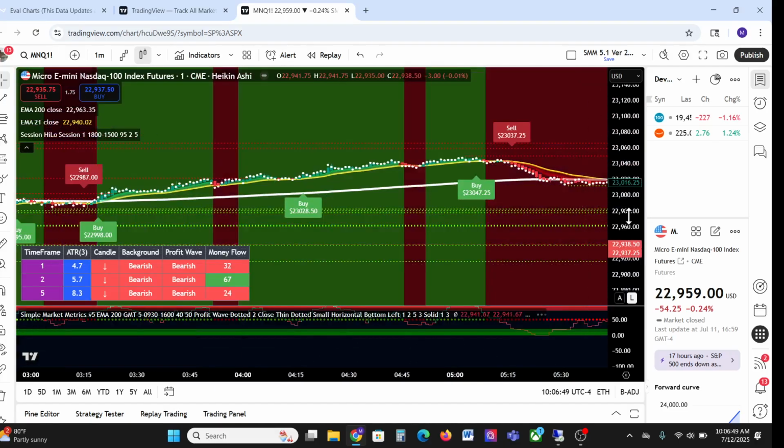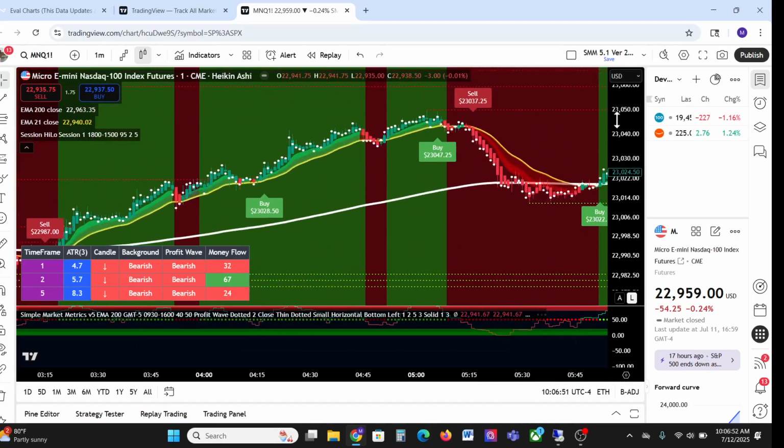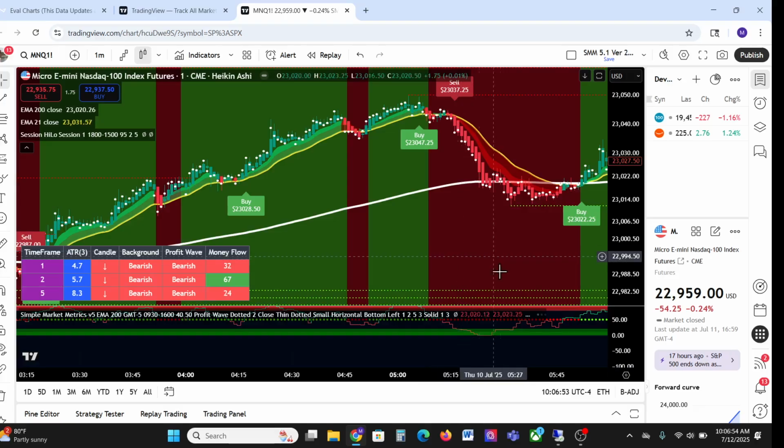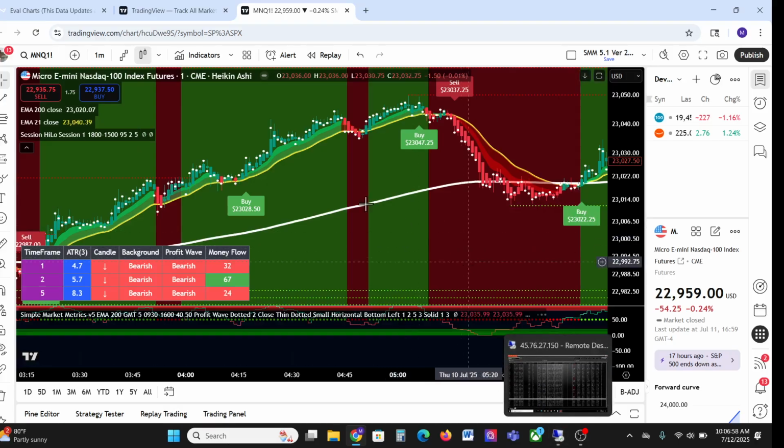Yeah, I think I'll just show this, it's taking too long. 4:15 on the 10th. And you can see the green. And I'll explain what the dots mean.